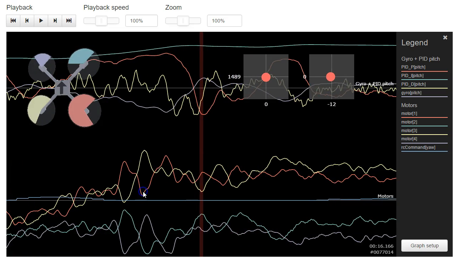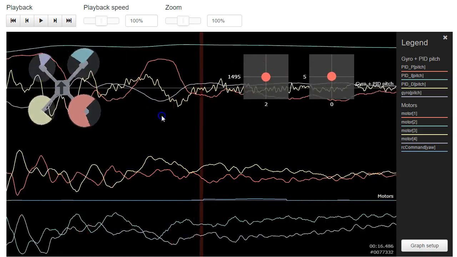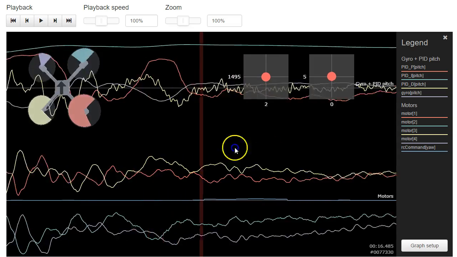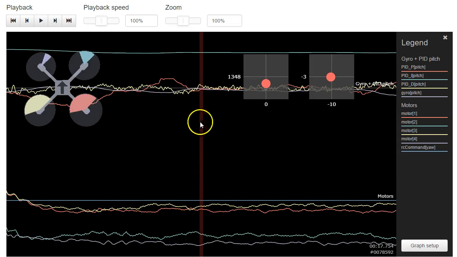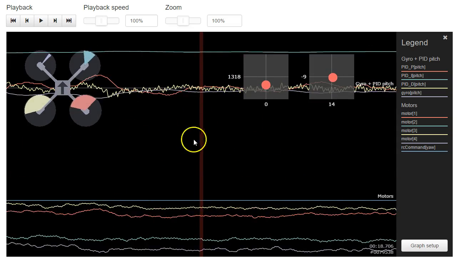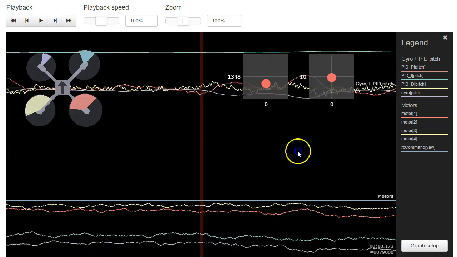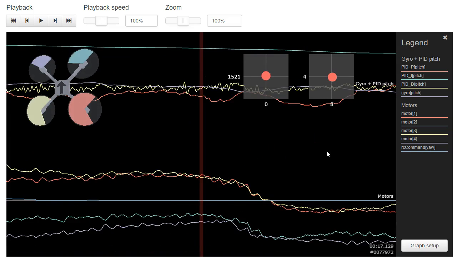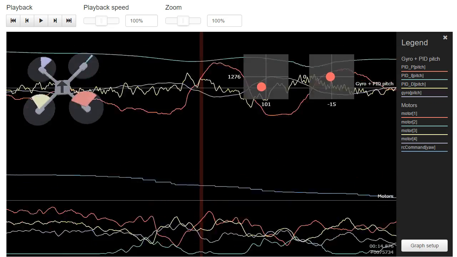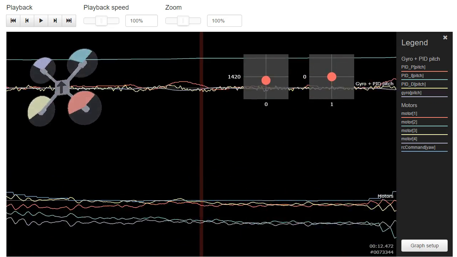Again, I'm just looking at the pitch gyro, looking for more oscillations. There's some slow oscillations, I guess. It's hard to say. But I can tell you this. We don't see the oscillations in your I term. Notice that your I term is not really oscillating.